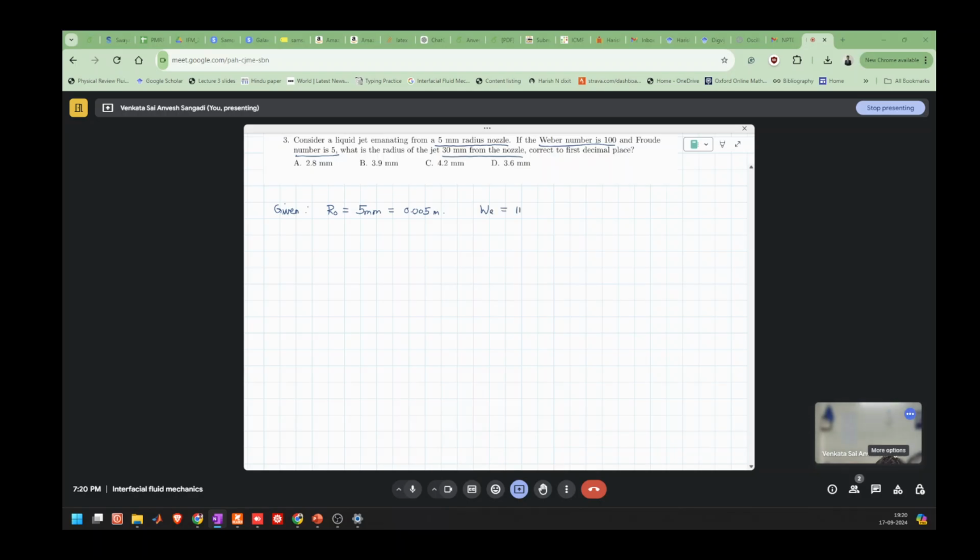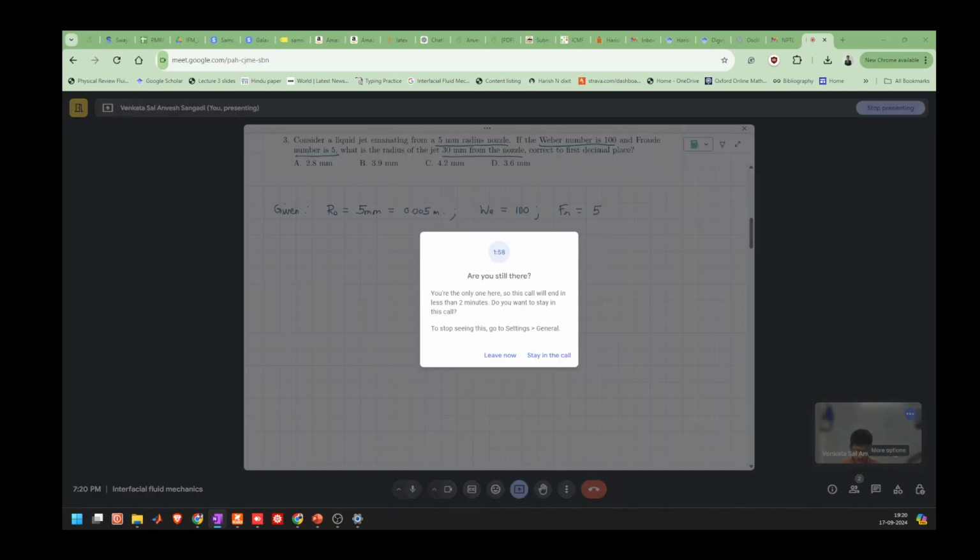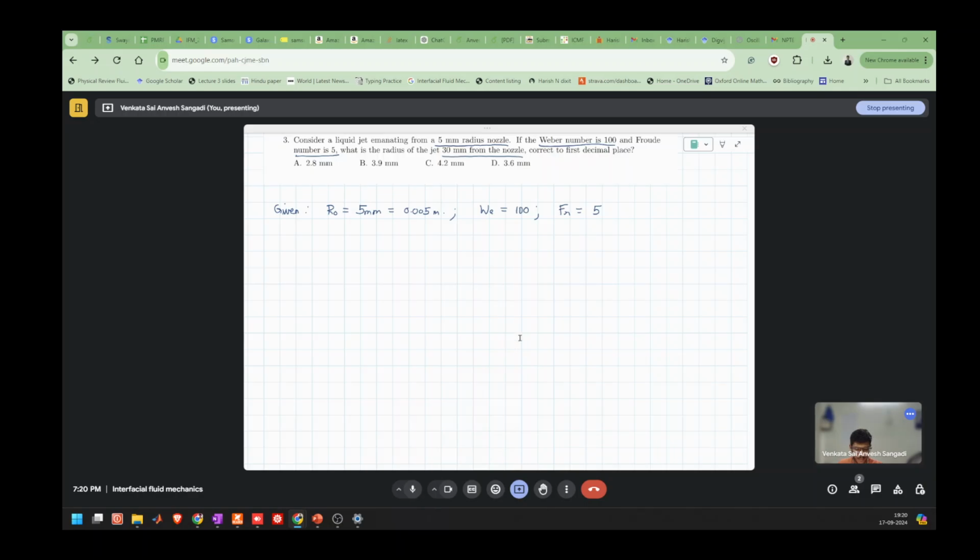Given: the nozzle radius is 5 mm, Weber number is equal to 100, Froude number is equal to 5. Then it is asked to find the radius of the jet at 30 mm from the nozzle.